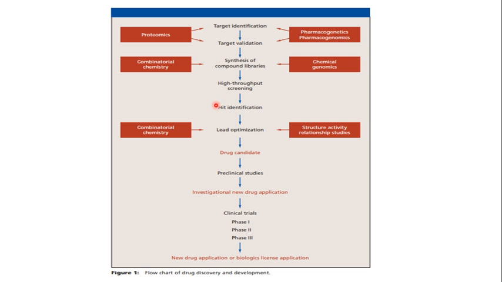Once you have identified different hits, you go for the identification of lead compounds, which are those compounds that have better properties and better interaction with the targets. Once you have identified a lead, these leads are optimized by the medicinal chemist using structure activity relationship studies or combinatorial chemistry studies.